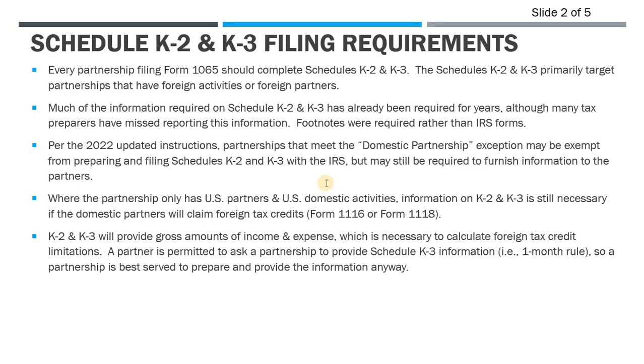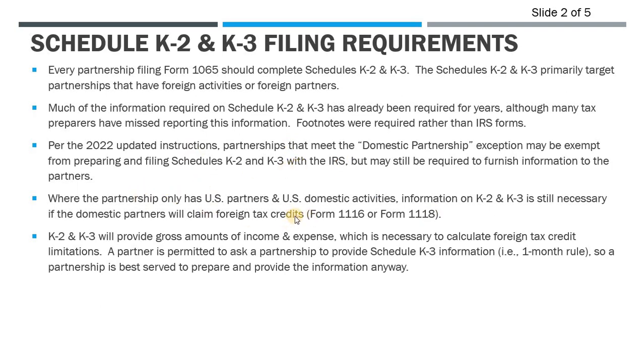However, a partner or a shareholder can always request that you provide that information. And that's why I'm stressing that I think every partnership and S corp should be doing this. They should be completing these schedules in full, in anticipation of an owner asking for the information. But if you find that you're within this domestic partnership exception, you might not have to do the K-2 and K-3 with your 1065.